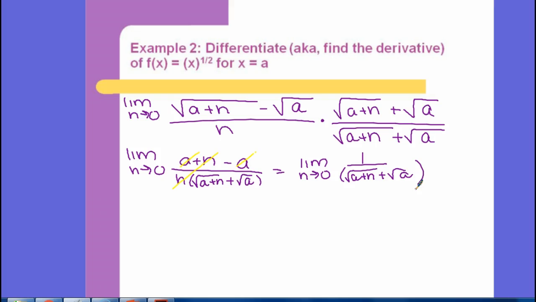Plug in 0 for h. You got root a plus root a. Same bases under the square root, so you can add their coefficients. 1 over 2 square roots of a.